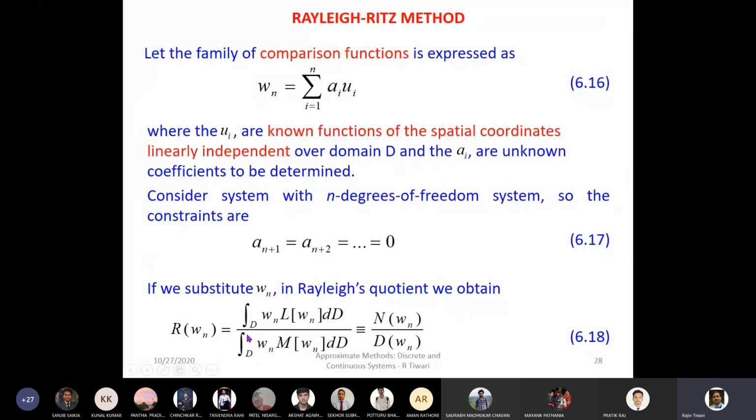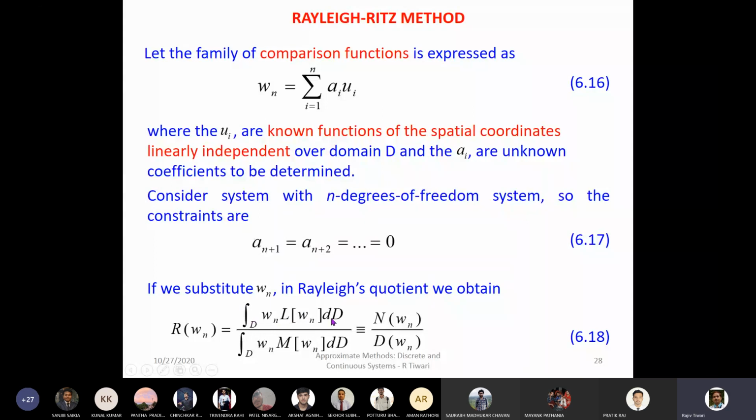Even if the integration is there, this is still not in the energy form. This is the more general definition of the Rayleigh's quotient, in which the L operator can be for two-dimensional, three-dimensional, an axial rod case or vibration of a beam, in any case.